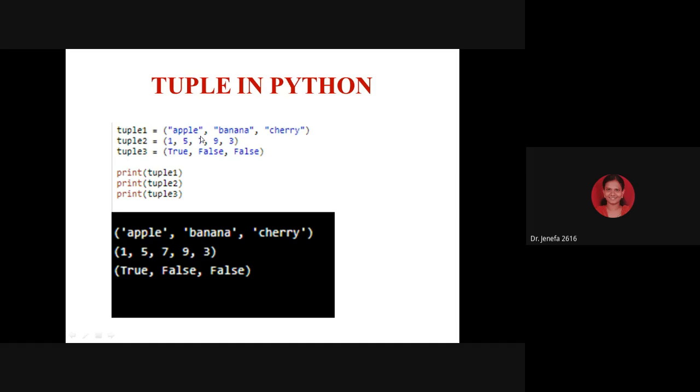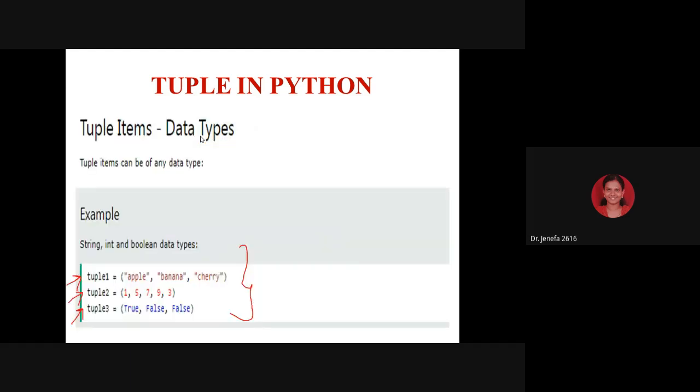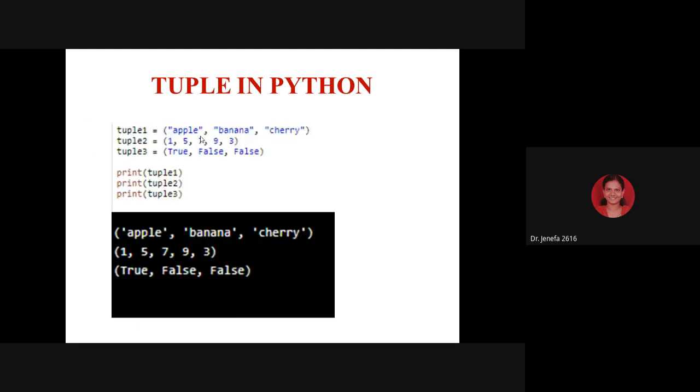So for the first, I'm getting apple, banana, and cherry. For the second variable, I'm getting the integer values. And for the third variable, I'm getting the boolean values. Since I have stored boolean values, I'm getting them as boolean values. So through this, we can understand that we can store multiple data types in tuple.